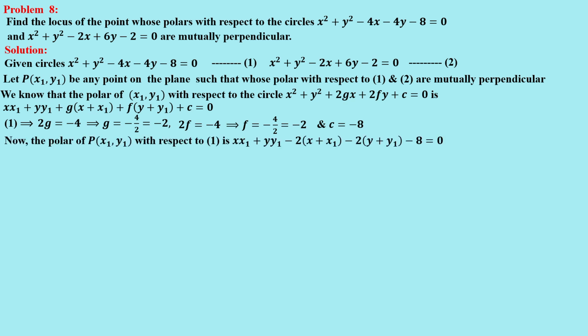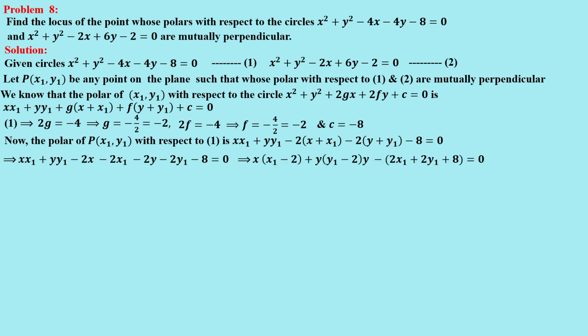Now the polar of P(x1, y1) with respect to 1 is xx1 + yy1, substituting the value of g, −2 into (x + x1), f value, −2 into (y + y1), then c value, −8 equal to 0. This implies xx1 + yy1 − 2x − 2x1 − 2y − 2y1 − 8 = 0.